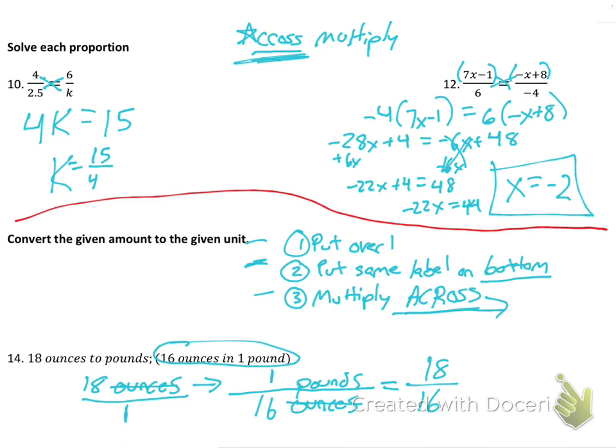What I'm left with is 18/16 pounds. Now we can reduce that, right? Both can be divided by 2, so I can reduce that to 9/8 pounds. All right, let's keep moving.